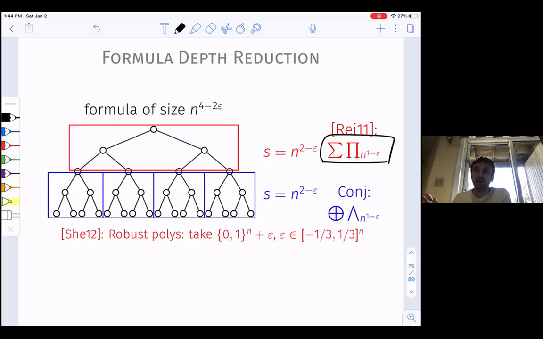So it allows us to make a little error in every input. I hit the top real polynomial with this robust polynomials result by Sherstov.